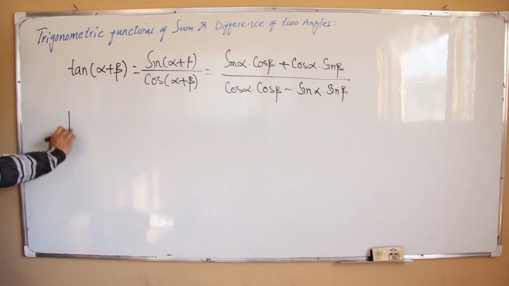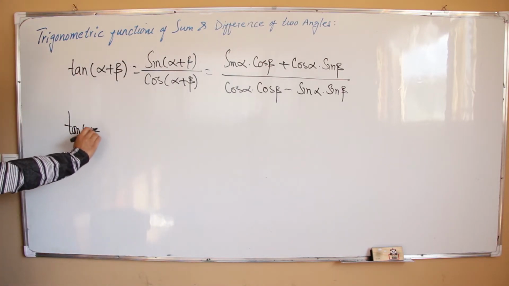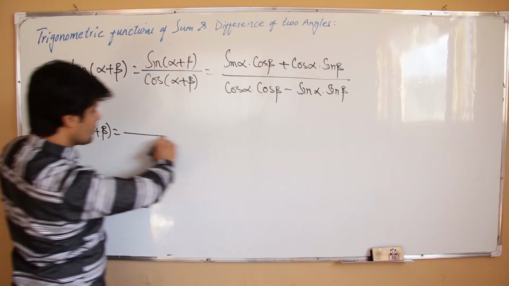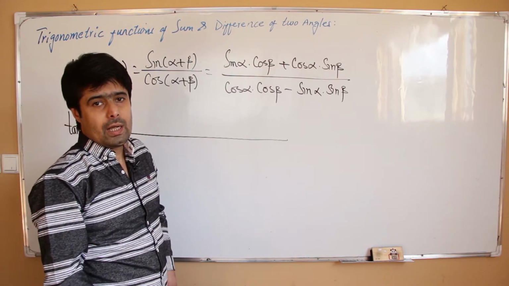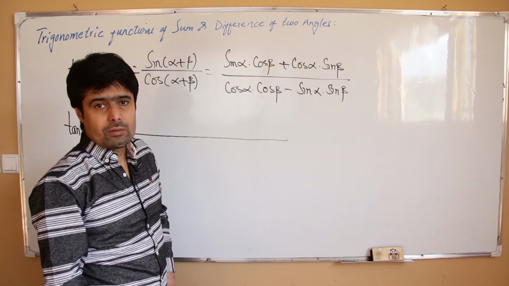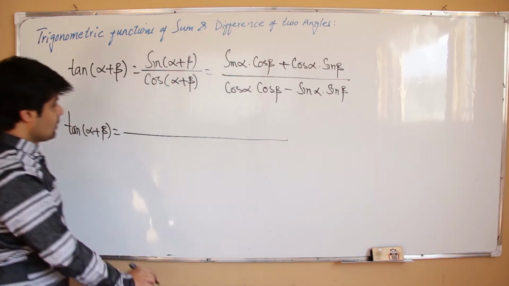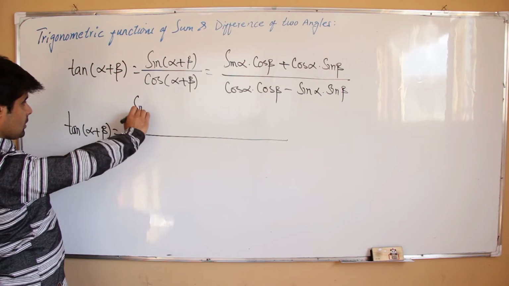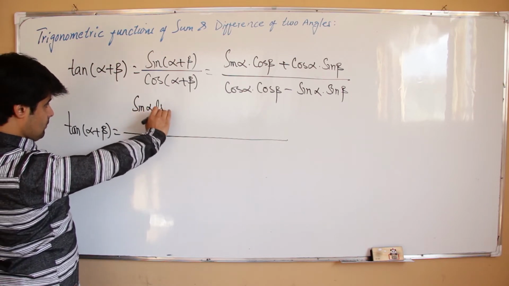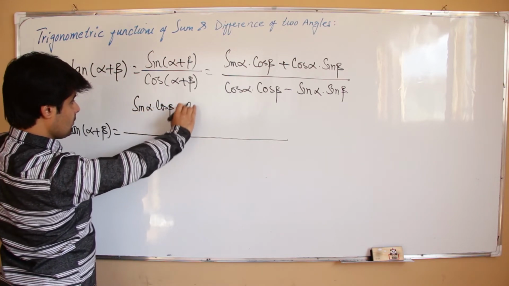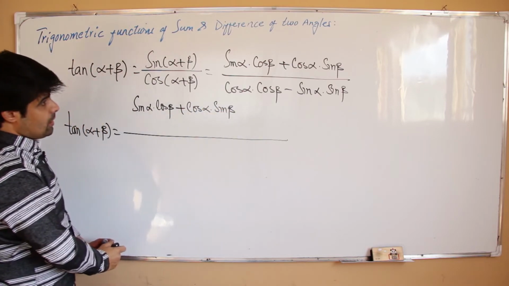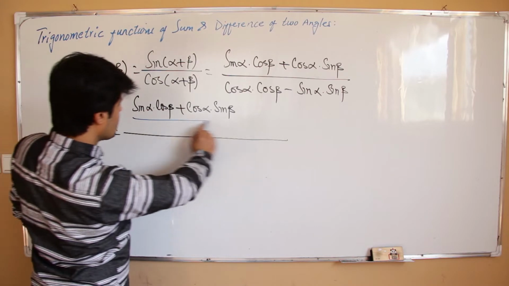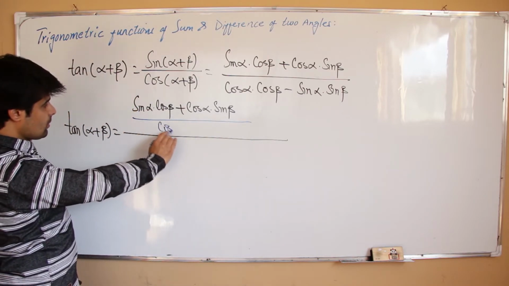Now, to find tangent of alpha plus beta, I will divide by cosine alpha cosine beta in the numerator and also in the denominator. What do I want to say? Sine alpha cosine beta plus cosine alpha sine beta, here I will divide by cosine alpha cosine beta.